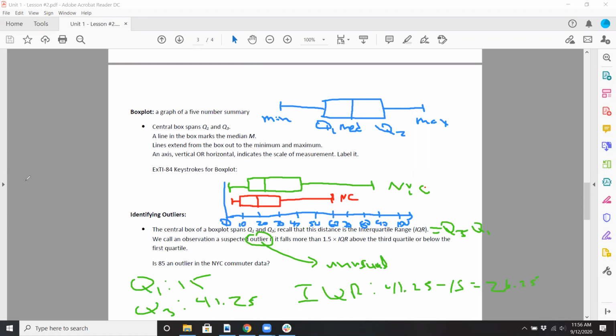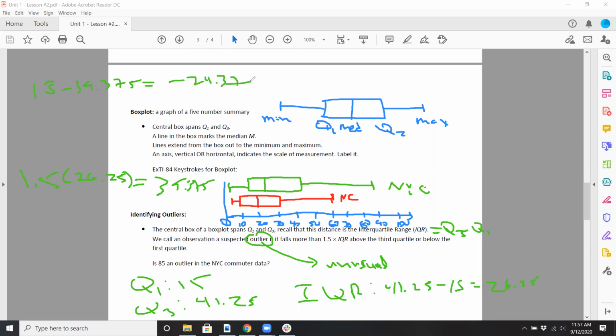Now, if I do 1.5 times 26.25, that's the rule of thumb we use to identify outliers. We take the IQR multiplied by 1.5, which is 39.375. And what you want to do is add that to the third quartile or subtract that from the first quartile. If I do 15 minus 39.375, that's going to be negative, in fact negative 24.375.